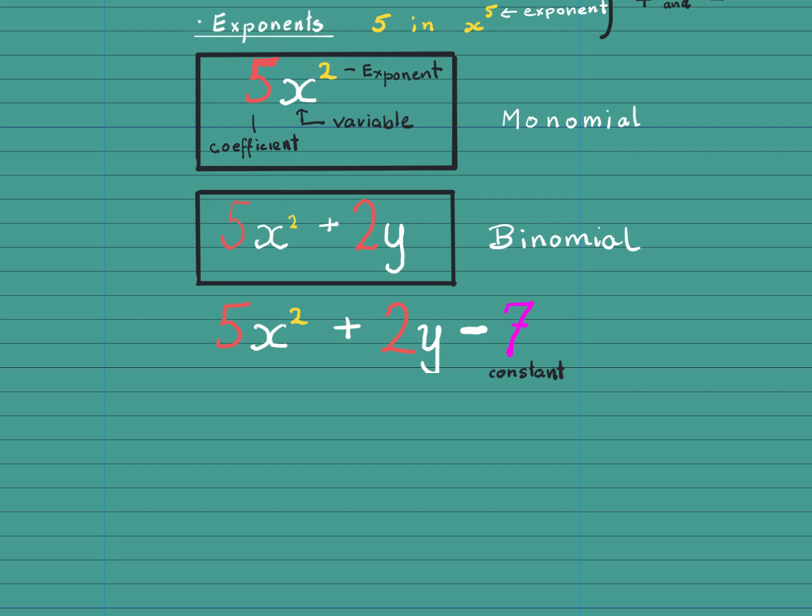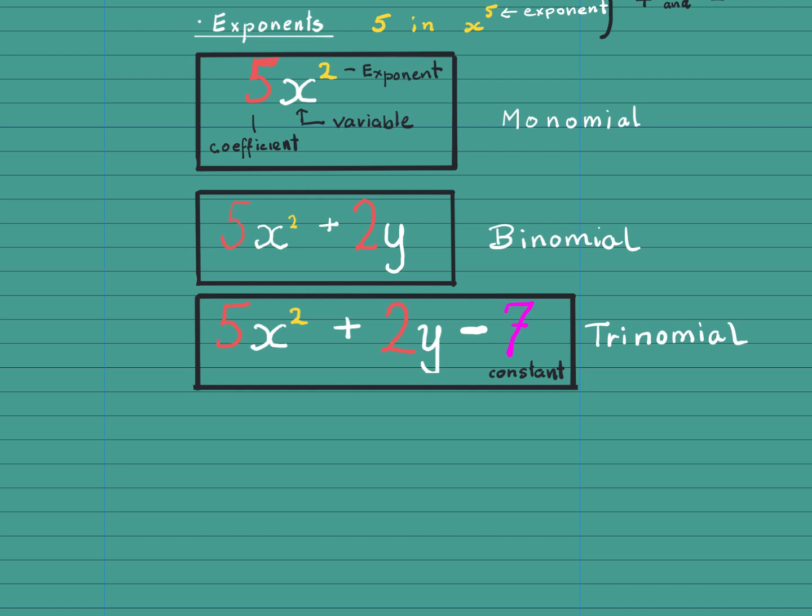And this polynomial, which has 3 terms, is now called a trinomial. And so you'll notice that we can continue on adding terms to this polynomial, and then it'll be called a quadrinomial, and so on.